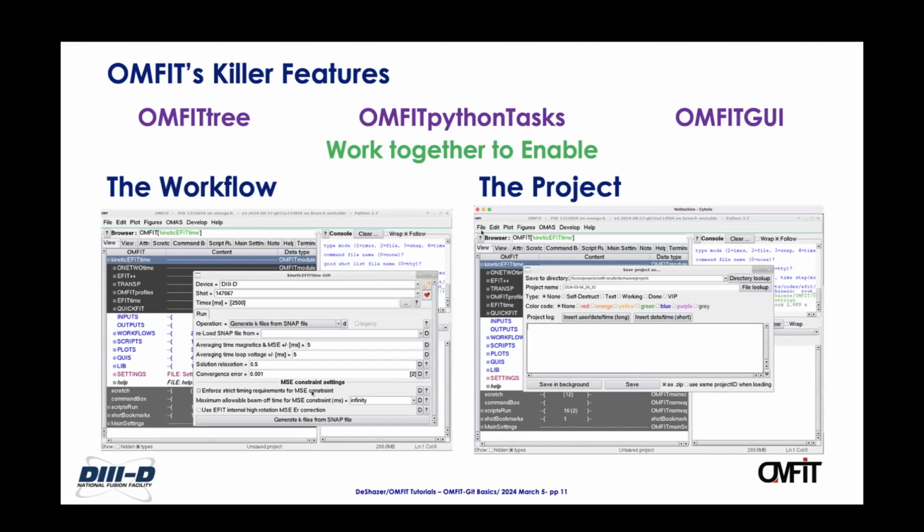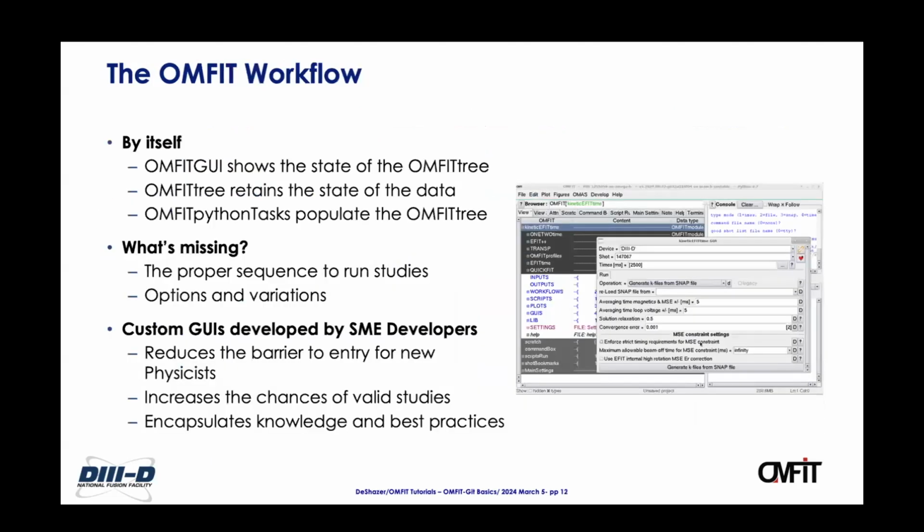I'm going to talk a little bit about why the workflow and the project are really killer features. We're going to start with the workflow. By itself, an OMFIT GUI shows the state of the OMFIT tree at that time, so by itself it is static. The OMFIT tree retains the state of the data, but it's the OMFIT Python tasks that populate the OMFIT tree.